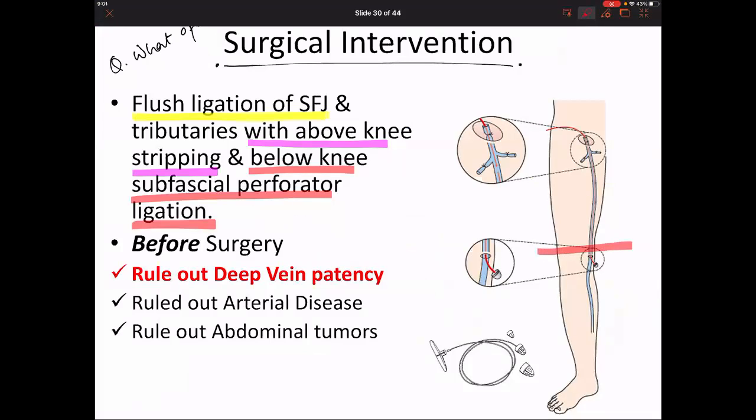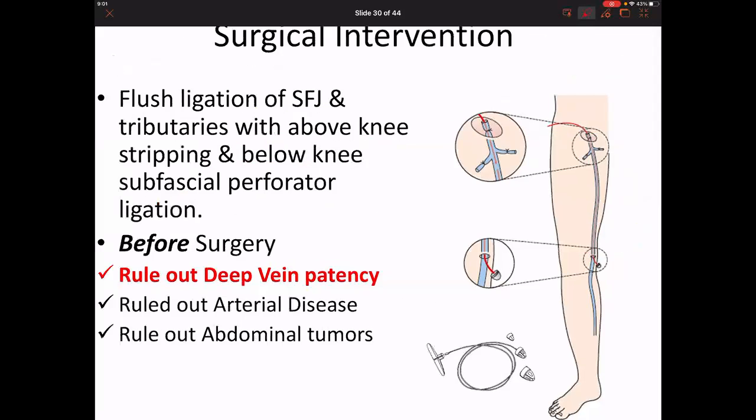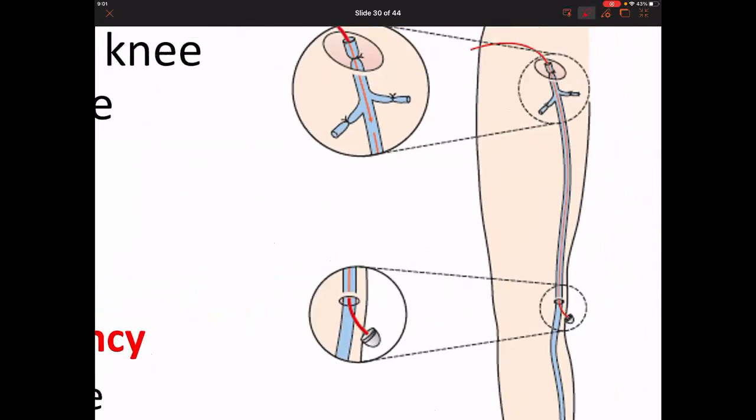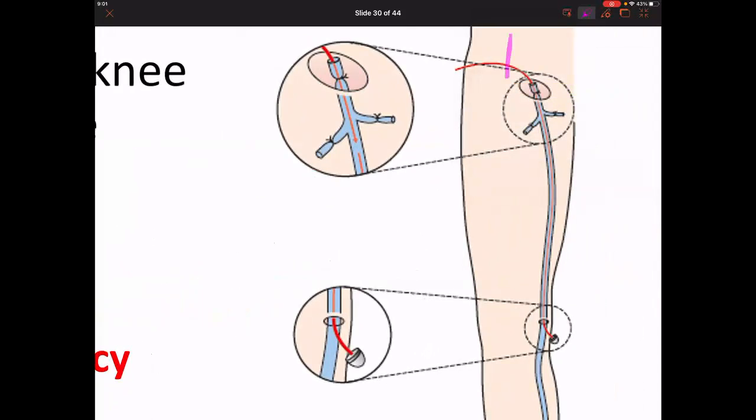What does the word above knee stripping mean? It means this segment of the vein is removed, and this maneuver of removal is called stripping. You are not required to know the technical parts of the stripper, but just see one end of the picture. I will enlarge this part, in which this is the femoral vein.